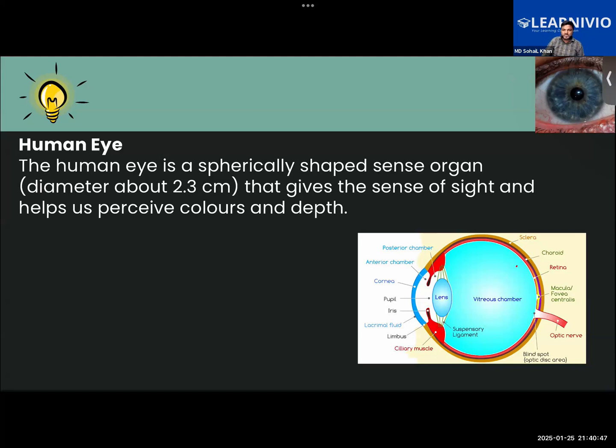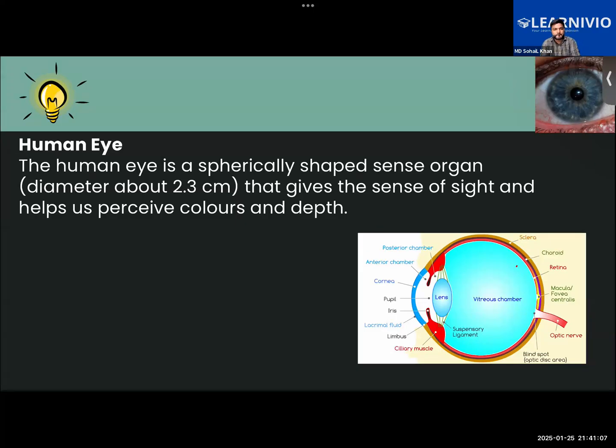Okay, let's continue with this. Before we continue, you guys define the eye. How would you define the eye? If I were to ask you to define the eye, what suitable definition would you give?